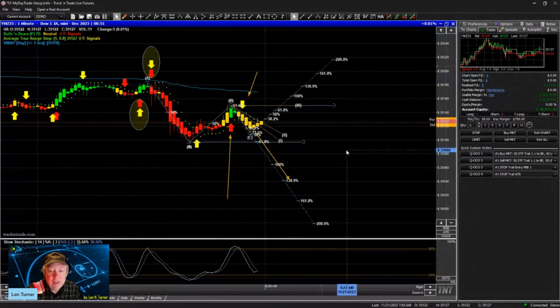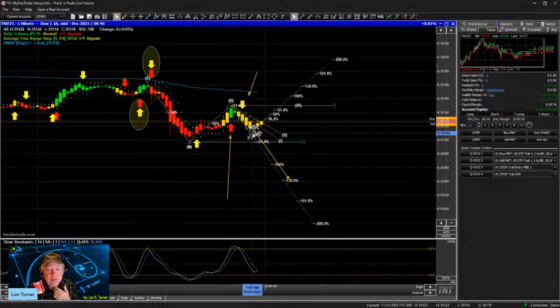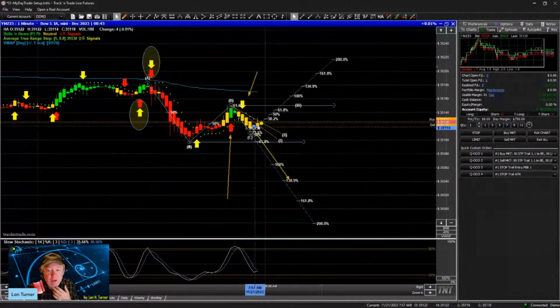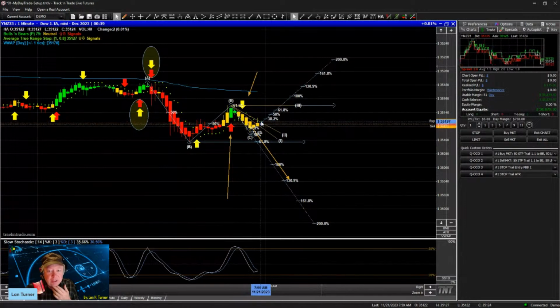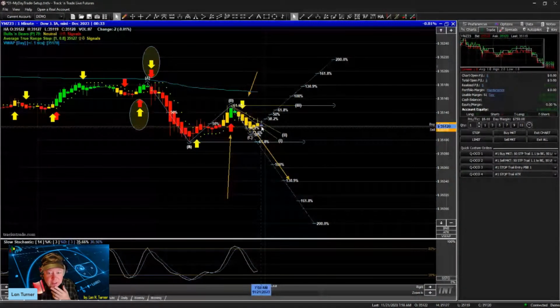Do I want to go long right now? Not really. Although it's holding above, so it's making a 1, 2, 3 ABC pattern. If it holds above that green dot, that would be bullish. We're in an uptrend. I think it's going to fail, though. I think we're going to get a little failure, and I think it's going to come back down.